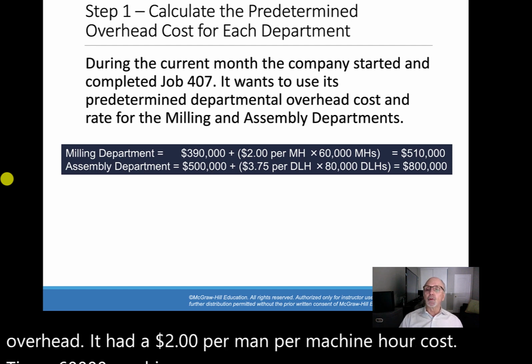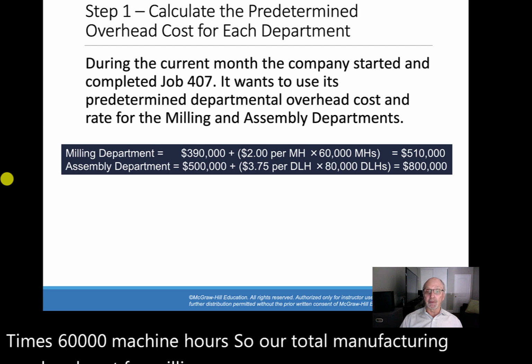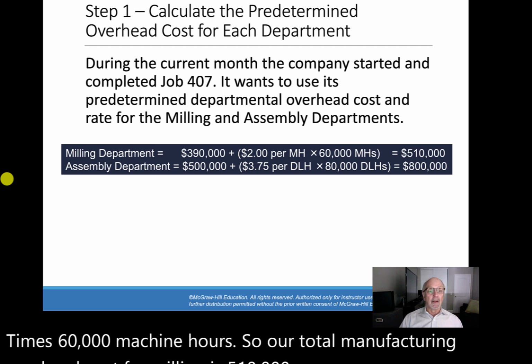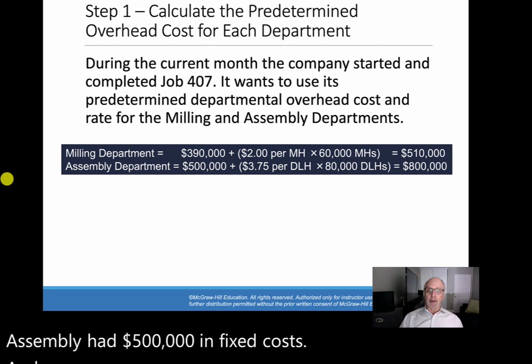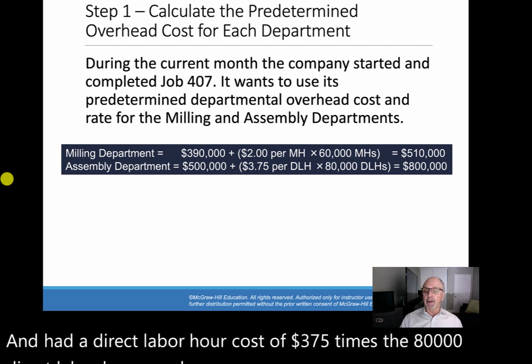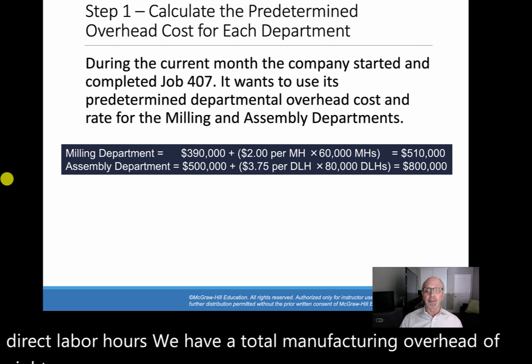So our total manufacturing overhead cost for milling is $510,000. Assembly had $500,000 in fixed cost and had a direct labor hour cost of $3.75 times the 80,000 direct labor hours. We have a total manufacturing overhead of $800,000 for assembly. That gives us our numerator for determining the POHR.